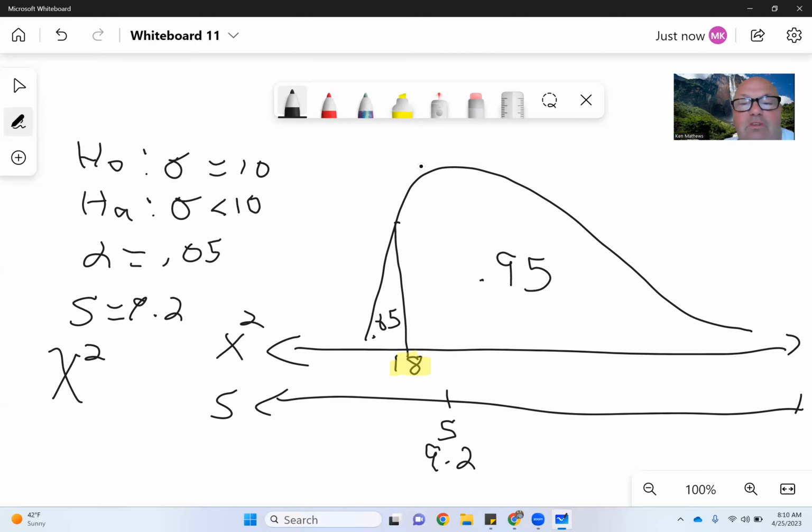Now, the chi-square score is called the test statistic. If our test statistic falls in the tail, then we reject the null hypothesis. If the test statistic falls outside the tail, we fail to reject the null hypothesis. But what we need to do is find out the value of that chi-square and see where it is on this axis.